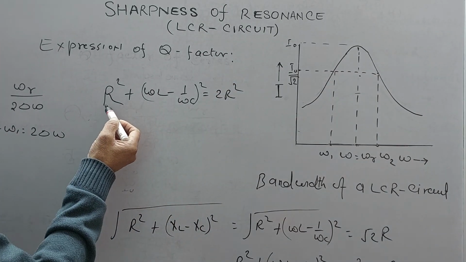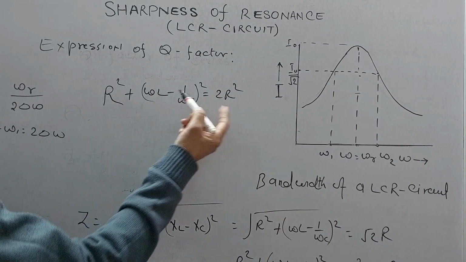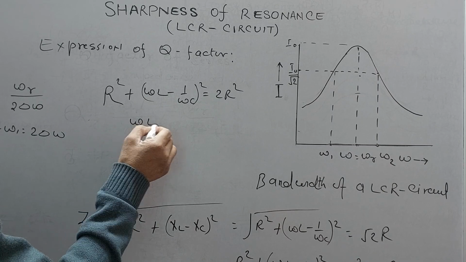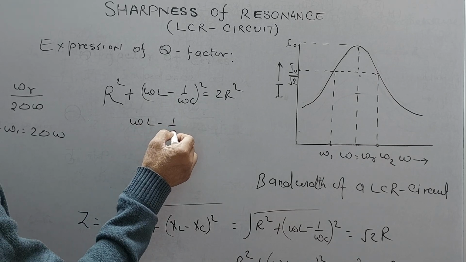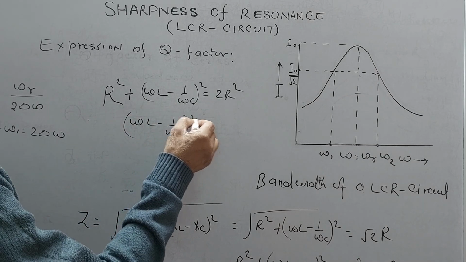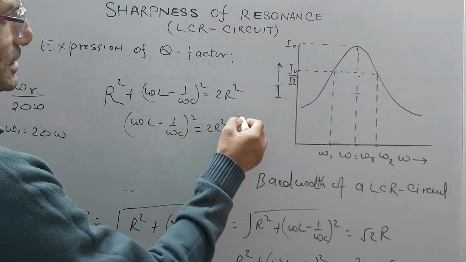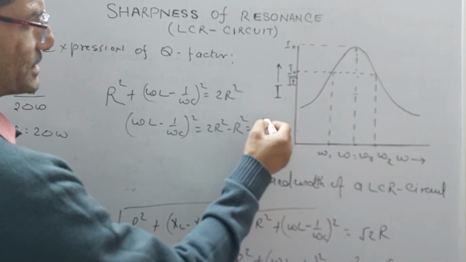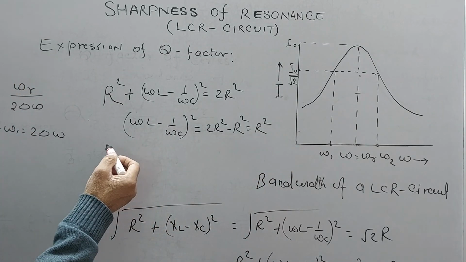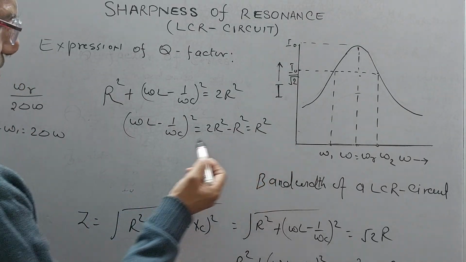If I move this value to the right-hand side, it comes out that omega L minus 1 upon omega C, whole square, equals 2R square minus R square. It becomes simply R square. So the square of this term is equal to R square.